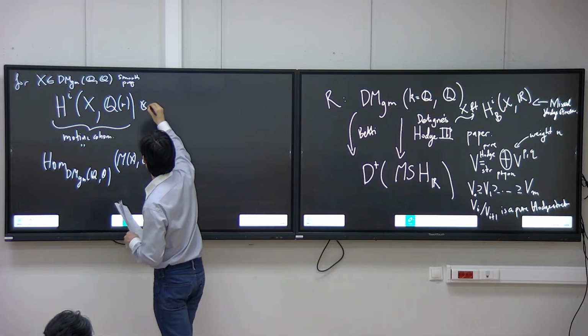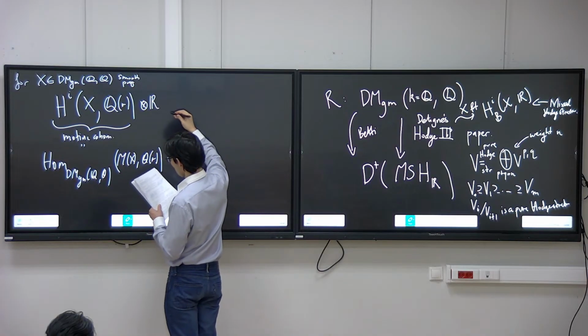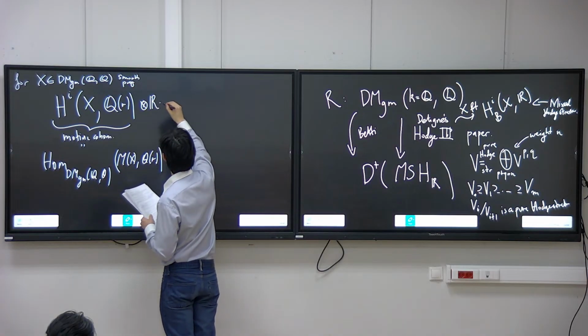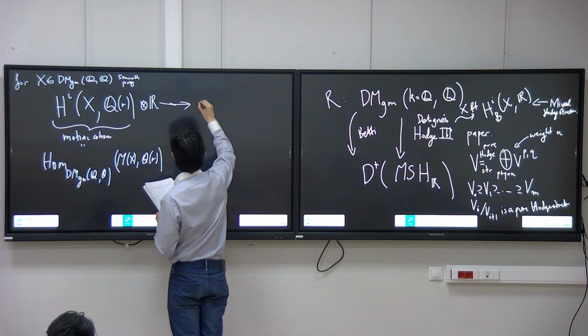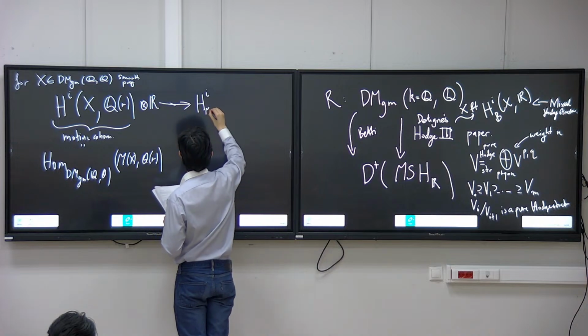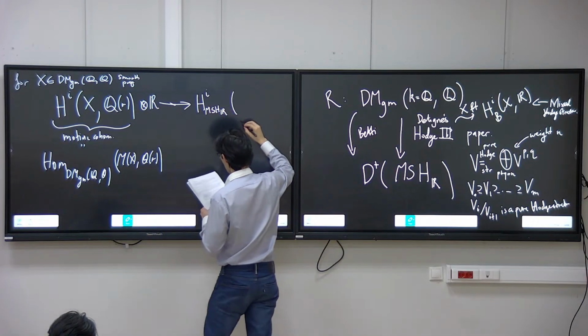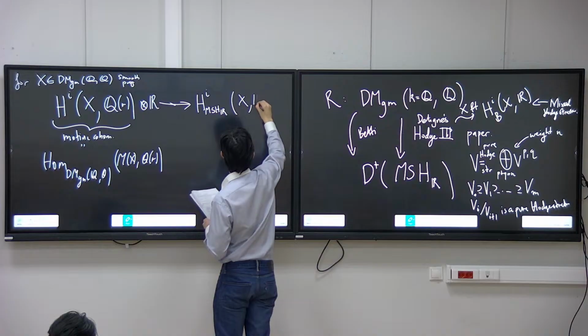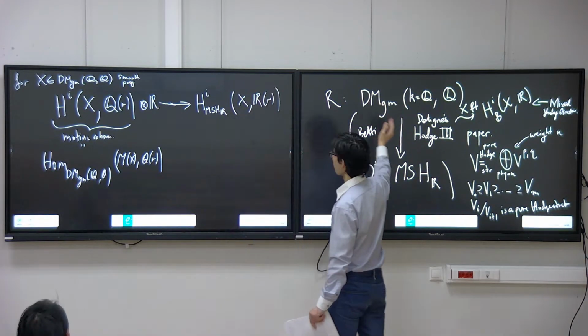And I can tensor this with R, and I land in i-th cohomology in this mixed Hodge structure category. By definition, I'm literally looking at the Hom evaluation.